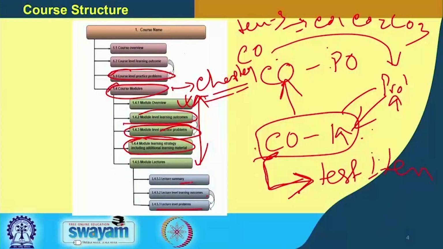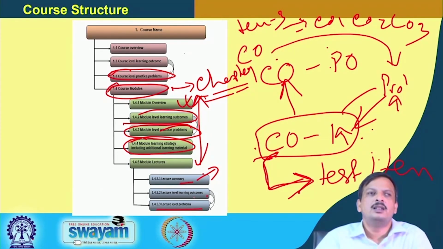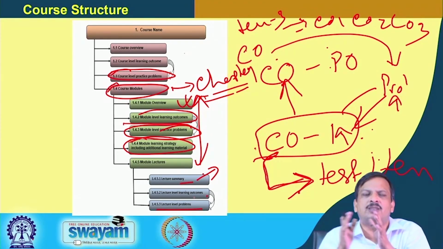So, what is lecture outcome? Lecture outcome is the outcome which can be achieved within that lecture. What is lecture summary? Suppose I want to give a lecture today, what is the lecture summary?